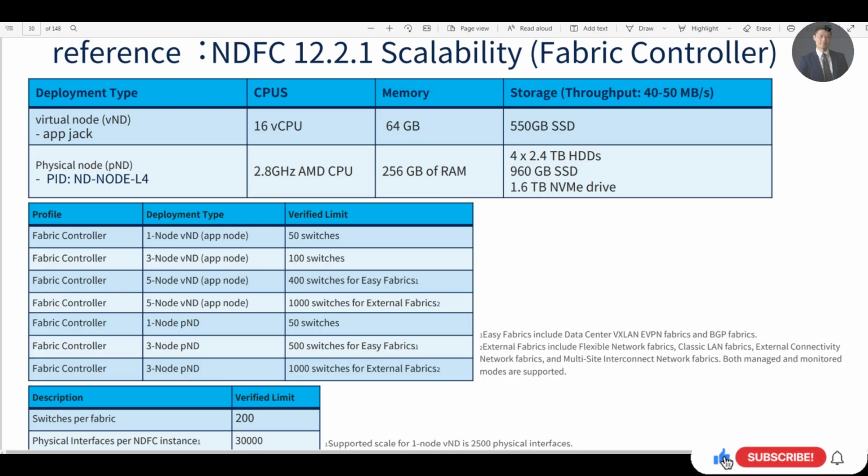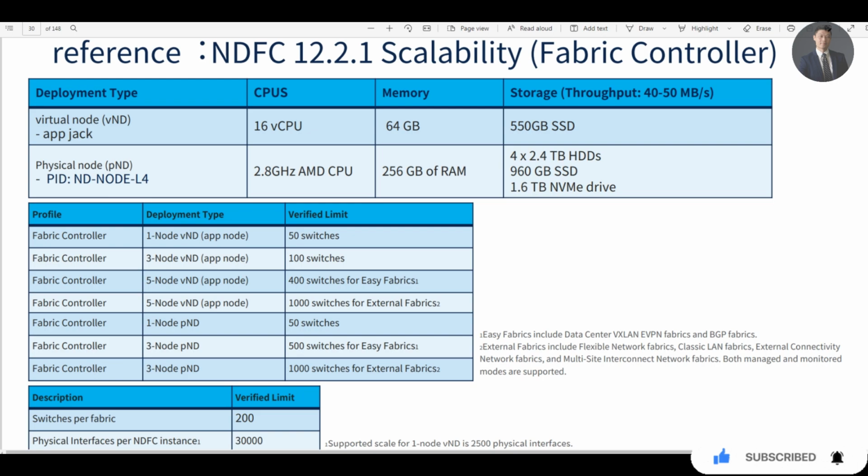It also shows how many physical interface systems a given NDFC instance can support. These numbers give a realistic sense of how NDFC can grow with your data center and why clustering may be necessary.